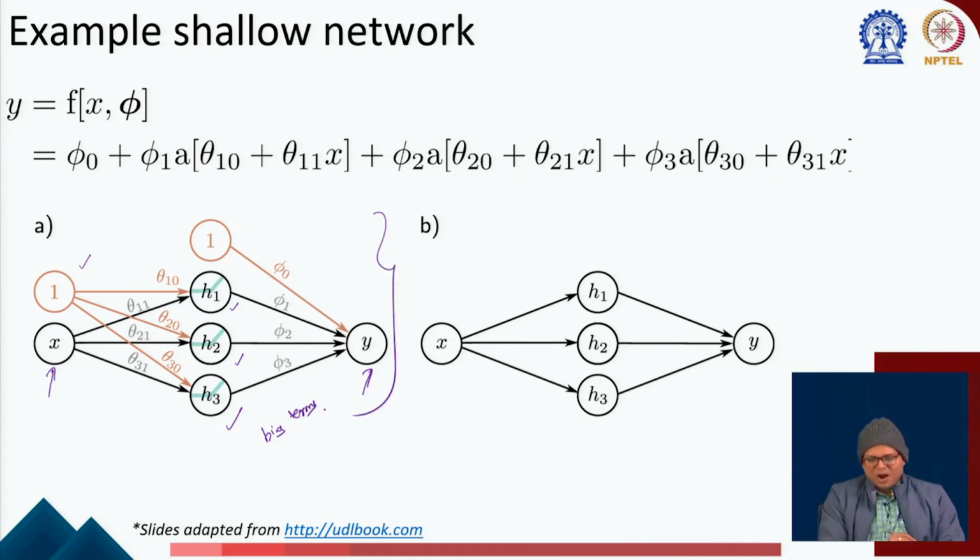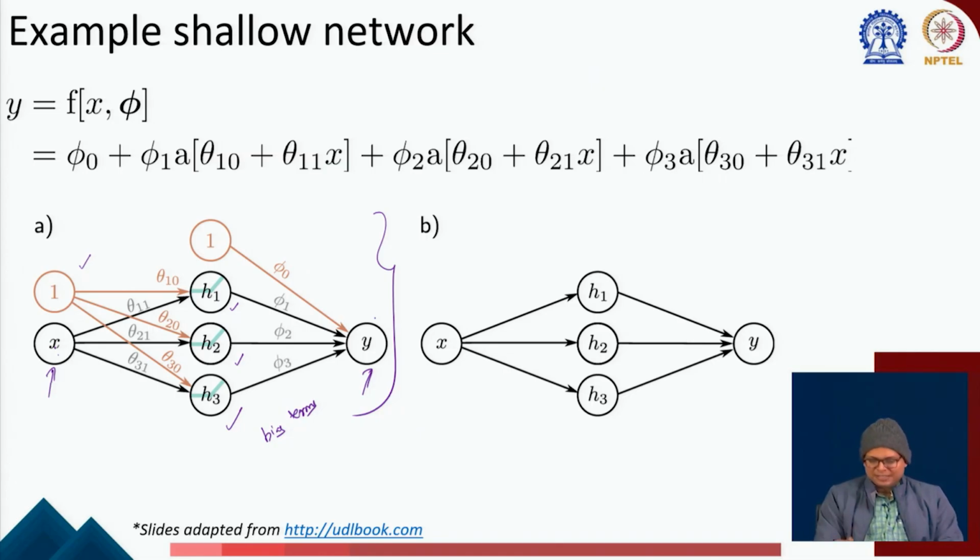How do you describe this? We will see that even a very complicated neural network can be written as an equation. This is a fairly simple one, so you can write an equation for it. What is y? y is a function of x and the parameters of the model, phi.